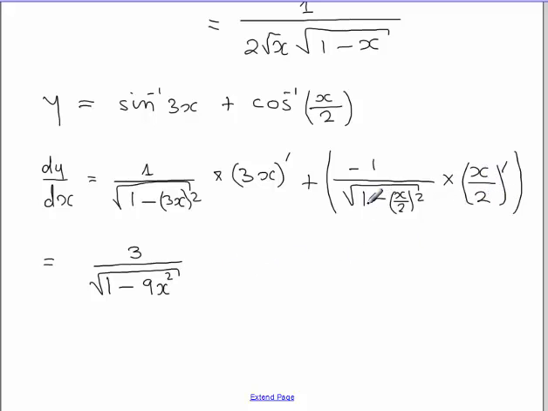So we're going to have 2 fractions multiplying each other. Then we're going to have minus 1 over 2 times the square root of 1 minus x squared over 4, altogether. Then we'll be done with that kind of example.